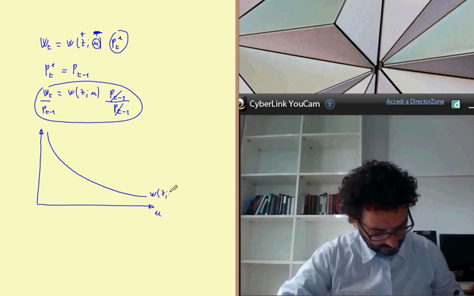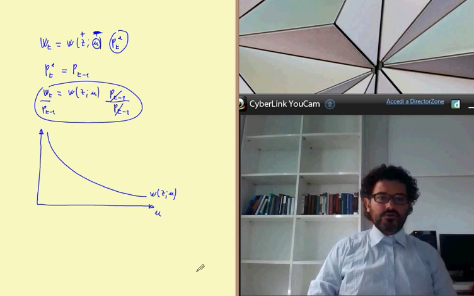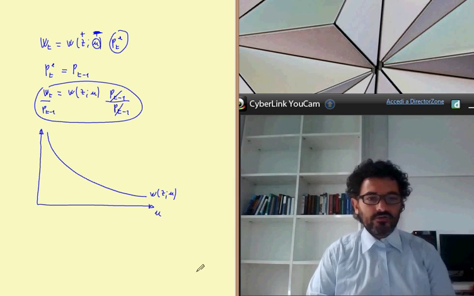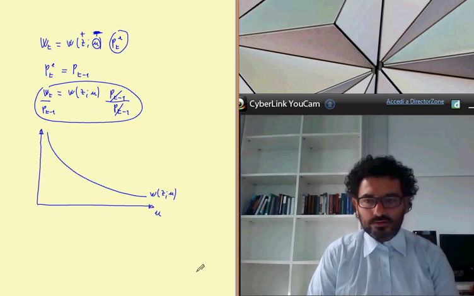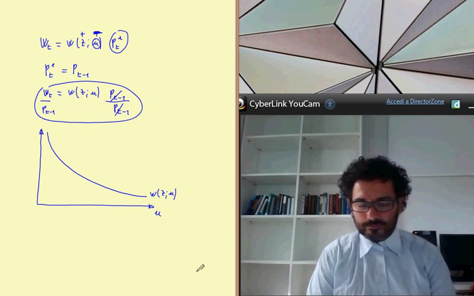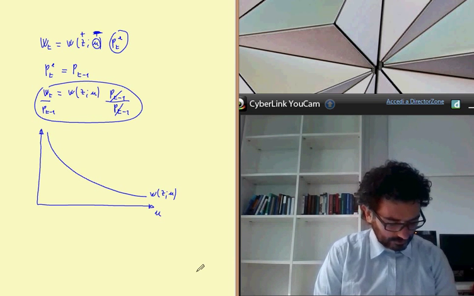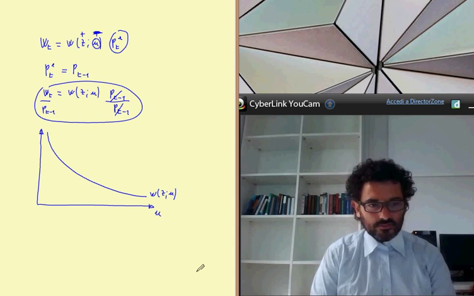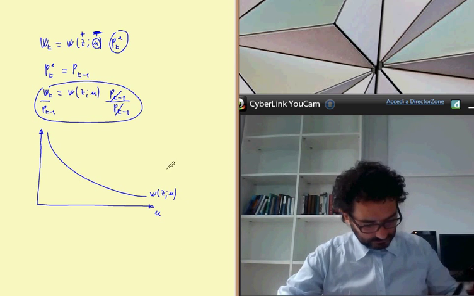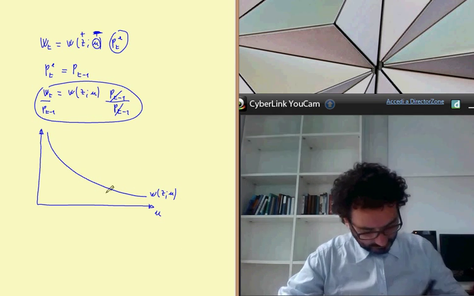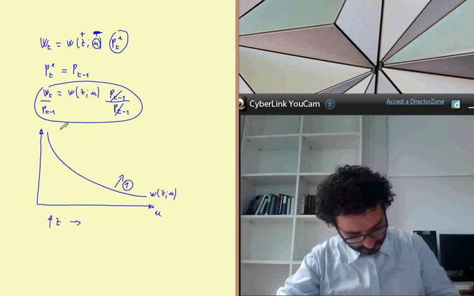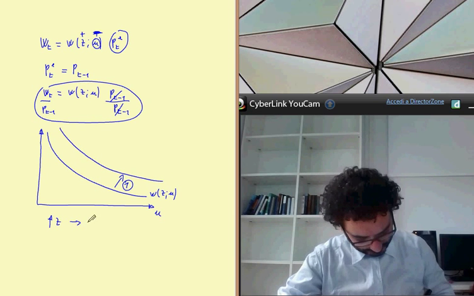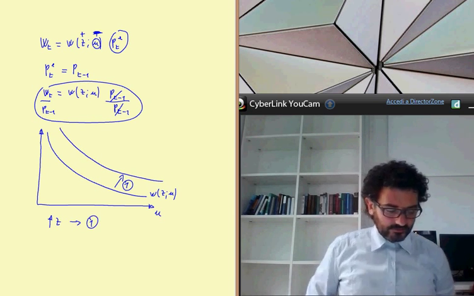An increase in Z implies a shift of this relation to the right, because for each level of unemployment, unions will be able to bargain a higher level of real wage. The opposite, if we have a reduction in union power, we will observe a shift to the left.